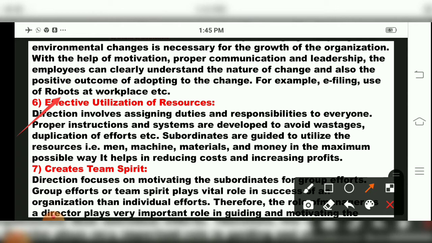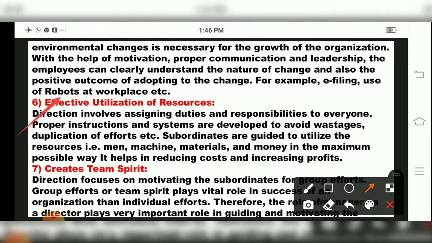Now see what has been told in the sixth importance point of directing we are studying, children. That is effective utilization of resources. When will it be done? When we use proper labor force, that is human resources, as well as machinery and raw material resources properly. When these resources are used properly, children, then wastage of resources will not be there, double repetition of work will not be there, and the organization can work smoothly and functionally.